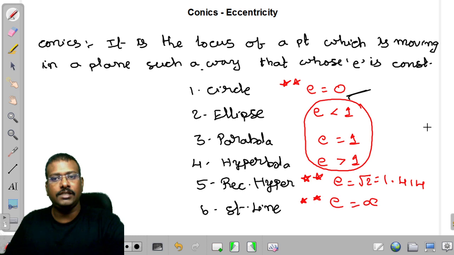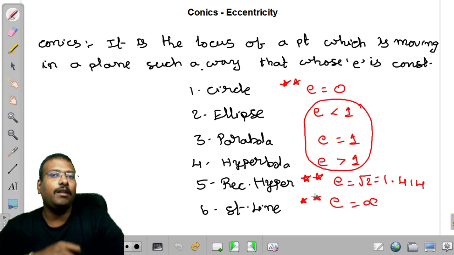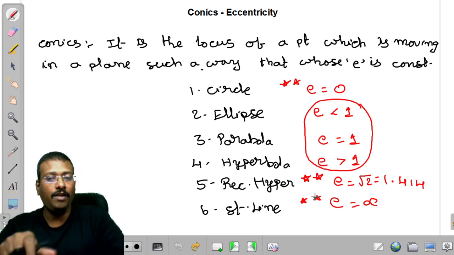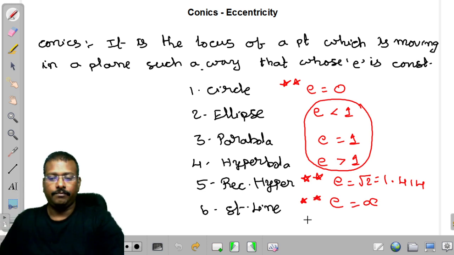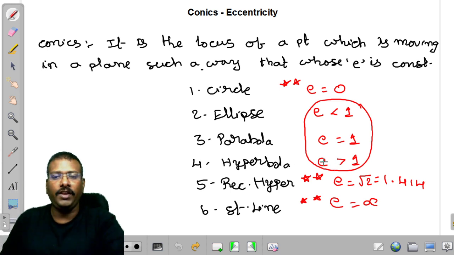For the circle, why is it 0? For the rectangular hyperbola, why is it 1.414? These two I will explain in my next video. Apart from that, why, when e is equal to 1, it is a parabola, and why, if e is greater than 1, the curve is considered a hyperbola.